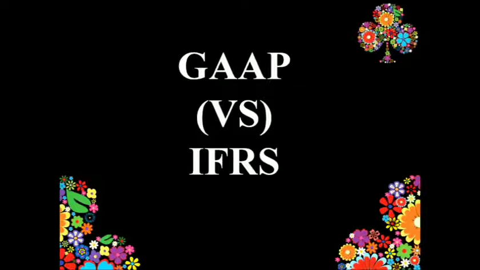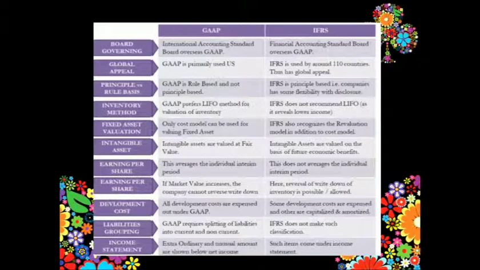You could see the naming of the statements changes, but it's more or less one and the same with regard to reporting. But with regard to preparation, there are a few differences in the usage of GAAP and IFRS, and that's discussed over here. You could see GAAP is rule based while IFRS is principle based.